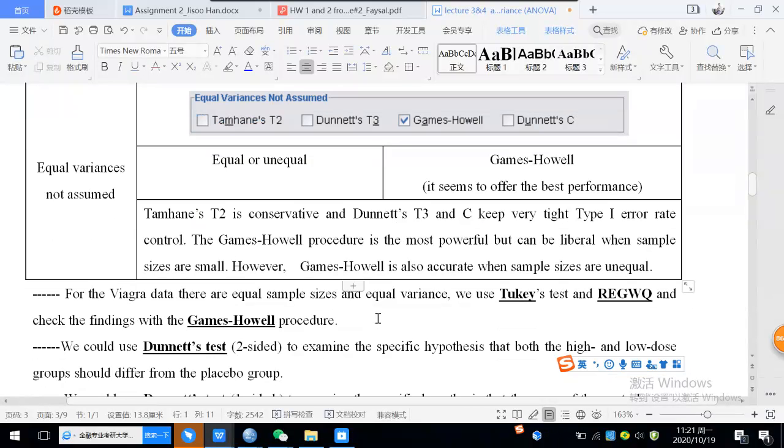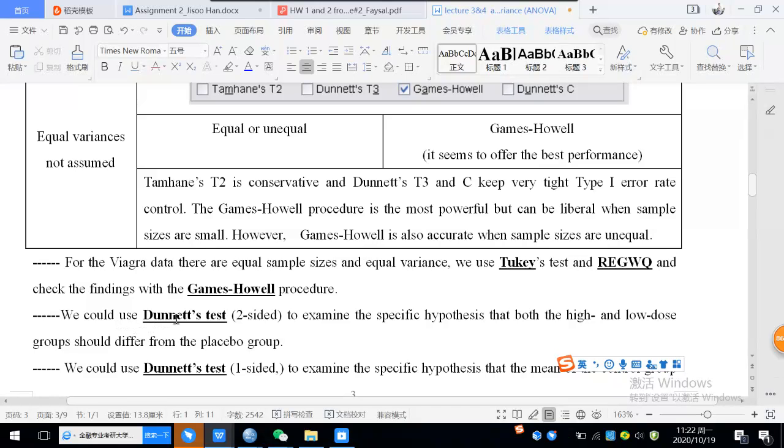Okay, because the Viagra data have equal sample size and equal variance, we can use the Tukey test and REGWQ. And also, we can check the findings with the GH procedure. Okay, we could use the Dunnett test to examine. So first we use this, and compare with this.